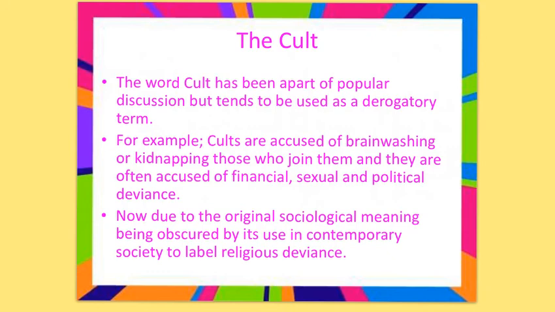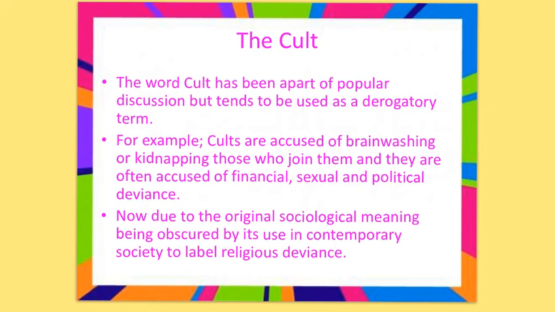So, for example, cults are accused of brainwashing or kidnapping those who join them. They are often accused of financial, sexual and political deviance. When we were doing this exercise in class, many of you fed back the idea that they are a group who operate with cloak and hooded style stuff, who operate with sacrifices, have ram's heads on display, etc., and are very deviant in nature.